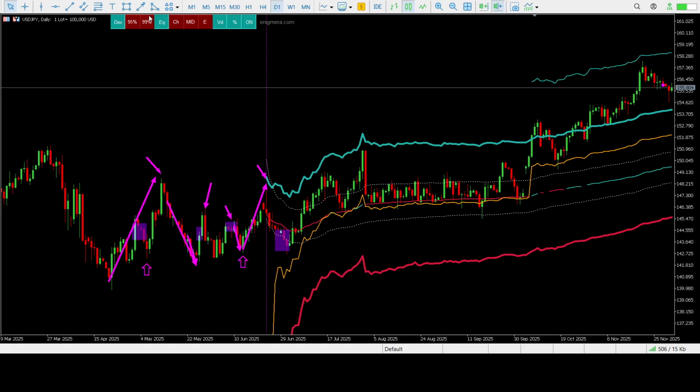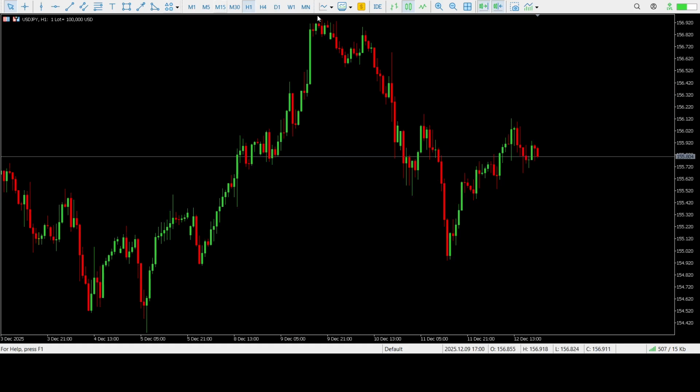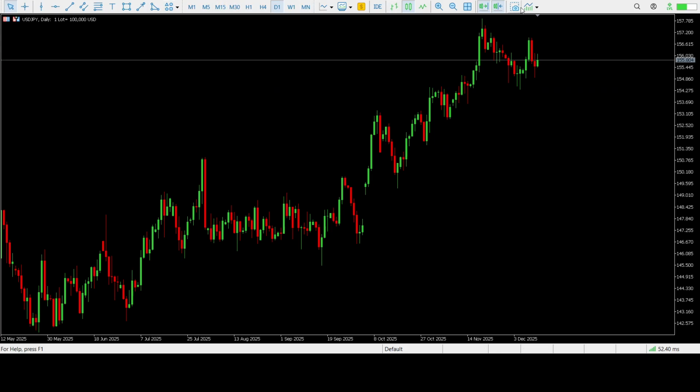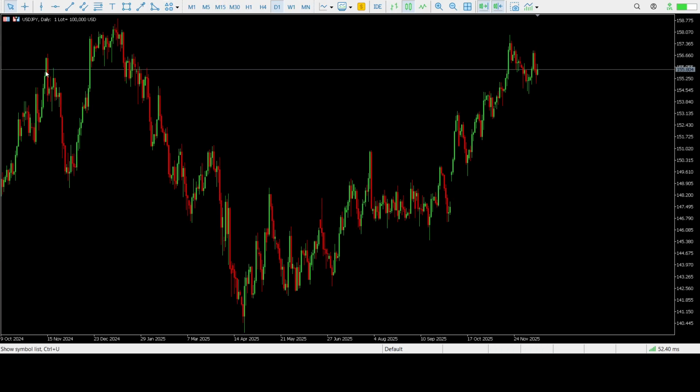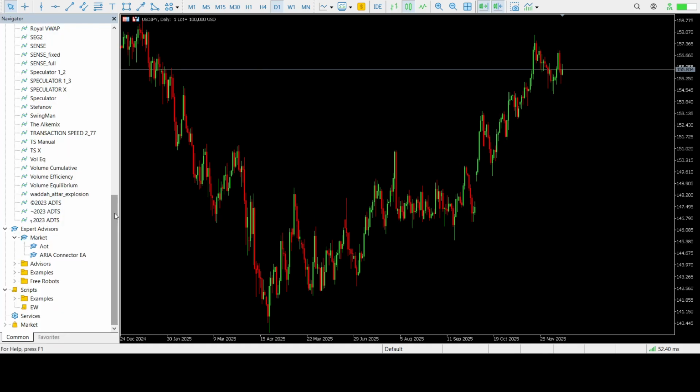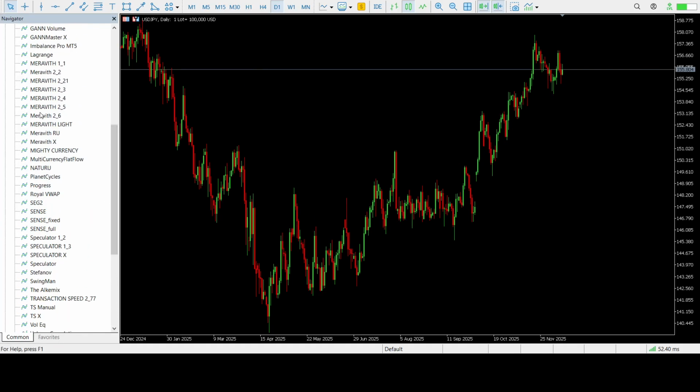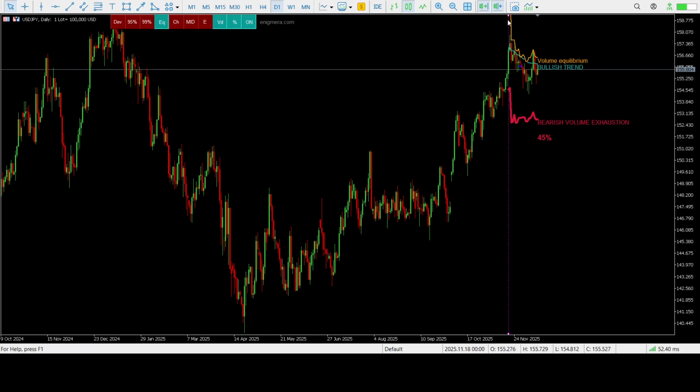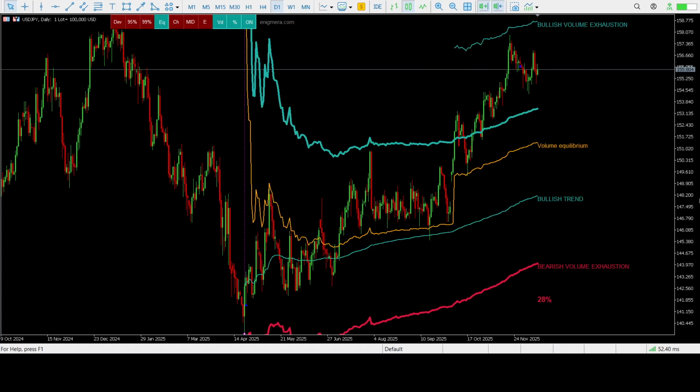Let me use a clean chart. Another one. Let me estimate the daily chart just to see where right now I am with my current trend estimation based on the lower time frame.